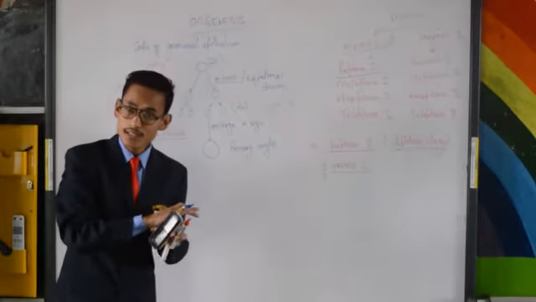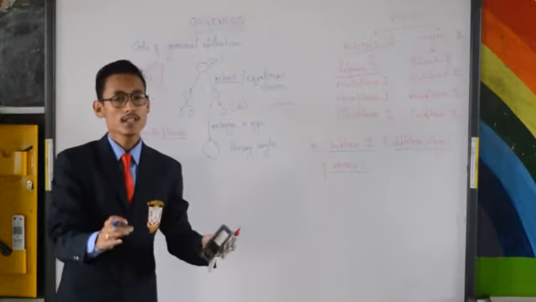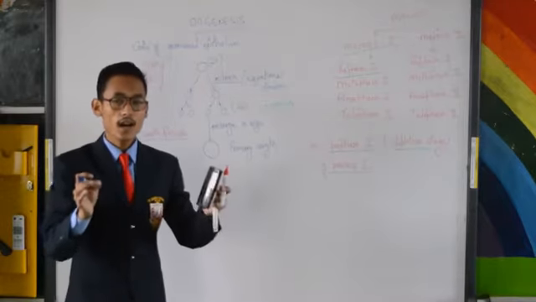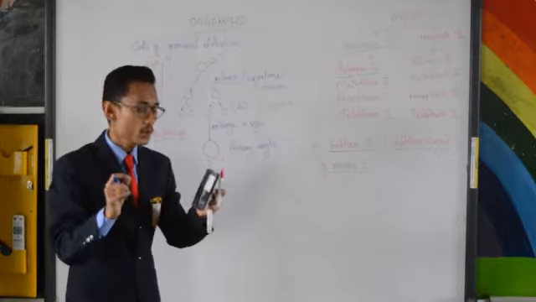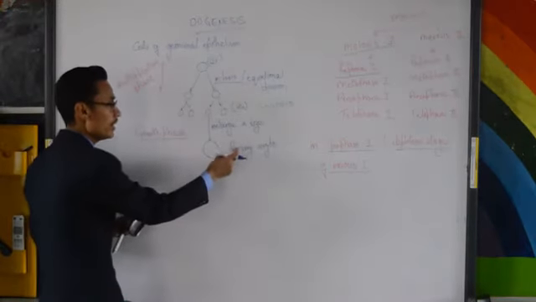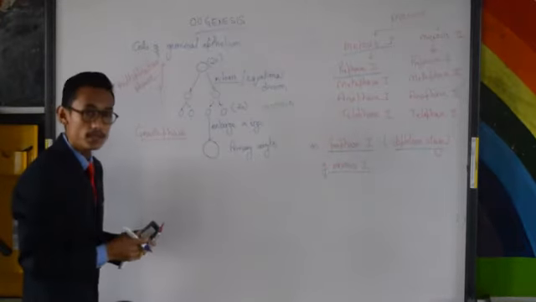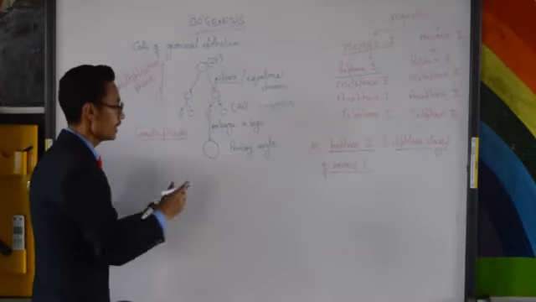It will not complete its first meiotic division. Now only after attaining puberty, these primary oocytes will complete their first meiotic cell division.